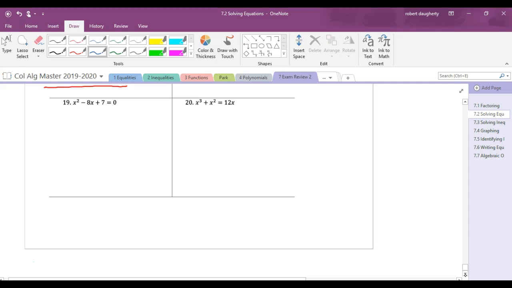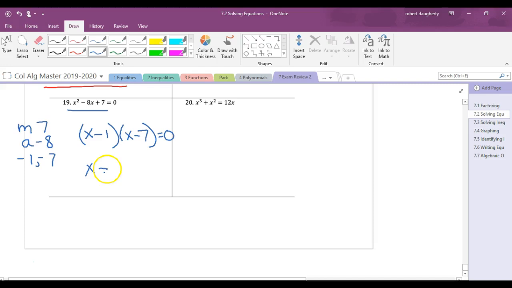And to end up this section, factoring a quadratic, are there two numbers that multiply to 7 and add to -8? I think a -1 and a -7 will do that for you. So this answer is x minus 1, x minus 7 equals 0. Therefore, x equal 1 or 7.